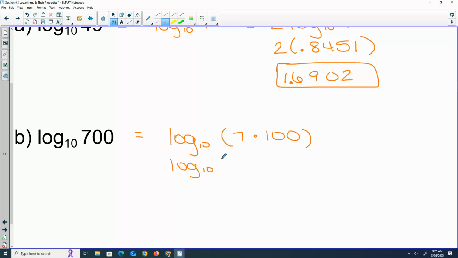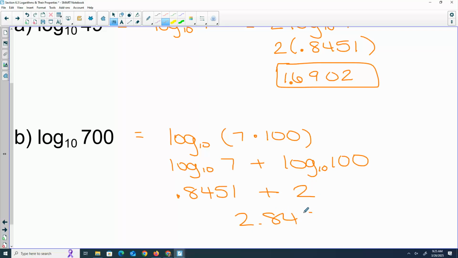These things are multiplied, how do you break them up? Okay, I told you in the problem log base 10 of 7 is 0.8451. Log base 10 of 100 means 10 to what power equals 100? So we get 2.8451. So just practicing our properties there.